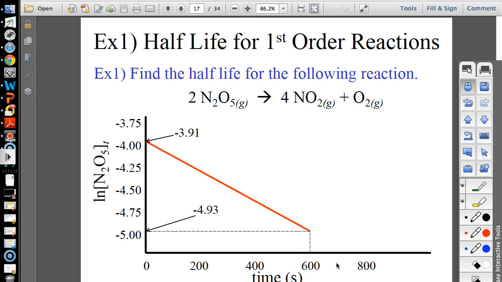So take your formula sheet, and you don't need to punch the natural log button in your calculator.